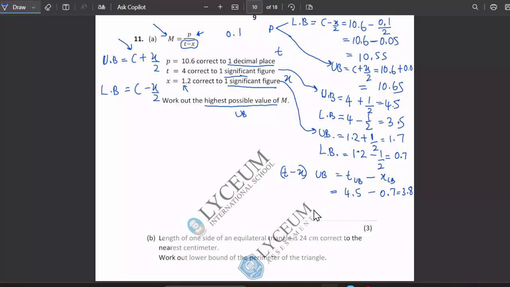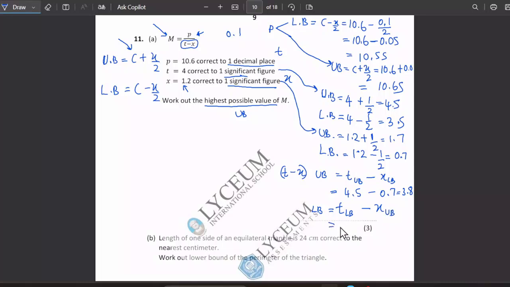Okay. So then lower bound of t minus x. If we want to get the lowest possible, what we have to do is subtract a larger number from a smaller number. So smallest number that is possible for t is lower bound, and the larger number of x is its upper bound.